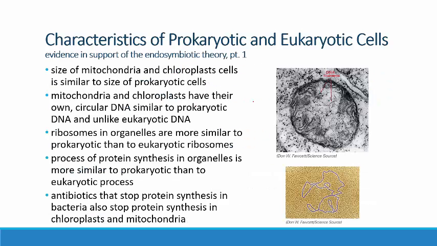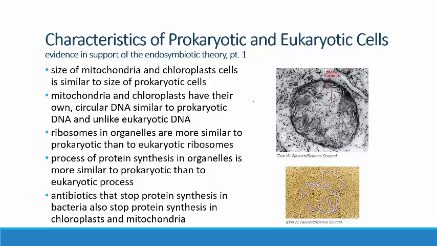What was it that Margulis and her comrades noticed and have since been able to really turn to as explanatory evidence? Well, the first thing is that the size of the mitochondria and chloroplasts that we see in eukaryotic cells are very similar to the size of prokaryotic cells.